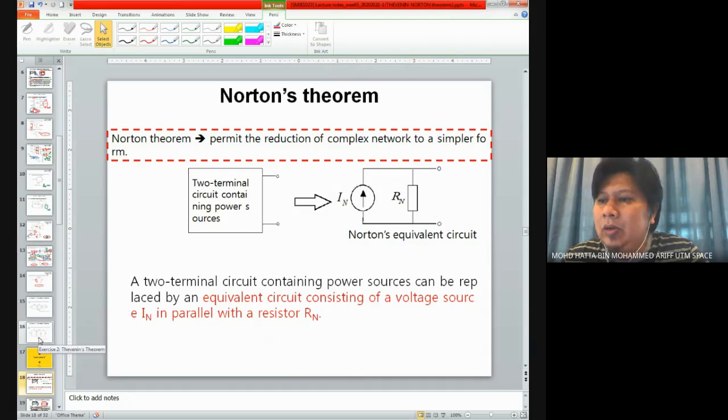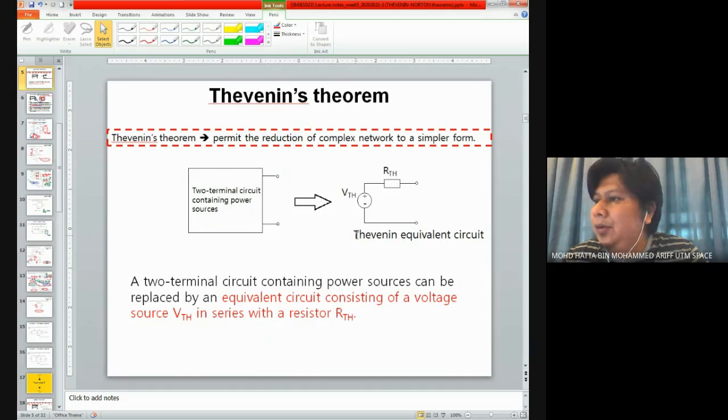Looking at Thevenin back, where's the circuit from here? If you look at Thevenin circuit setup, you have voltage in series with resistor. And remembering what we have learned in last class, this kind of circuit arrangement, we can convert or transform it into another form, which is current source in parallel with resistor.